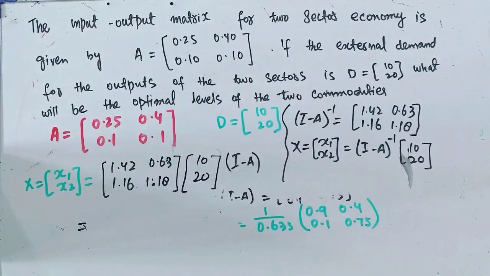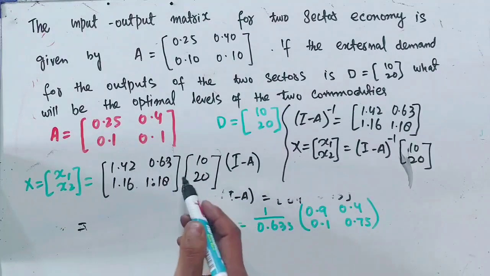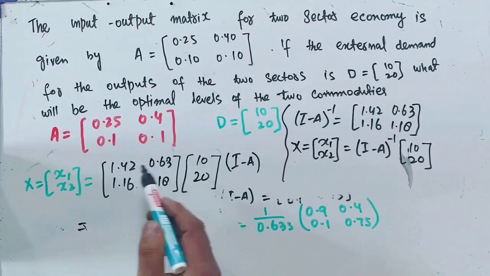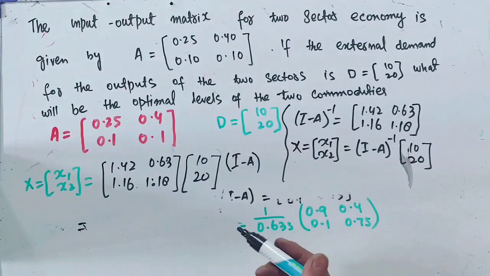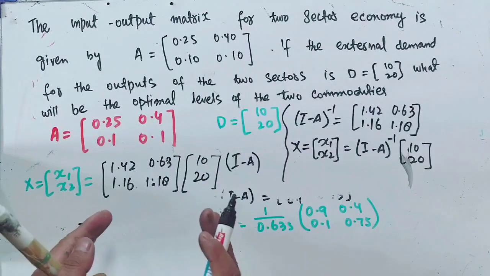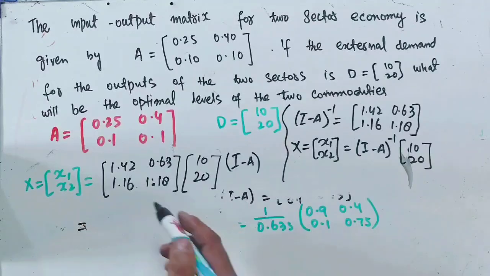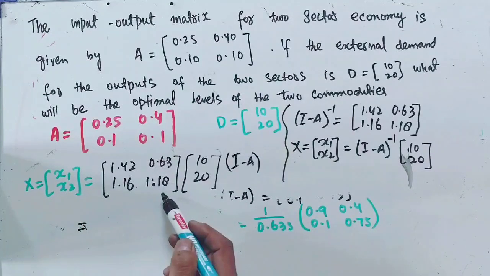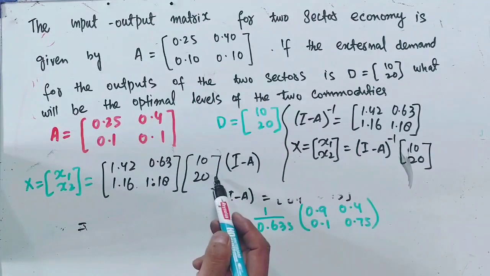So we have matrix multiplication here. These two matrices are conformable, that is, matrix multiplication is defined. Why? Because the number of columns in the first matrix is equal to the number of rows in the second matrix.